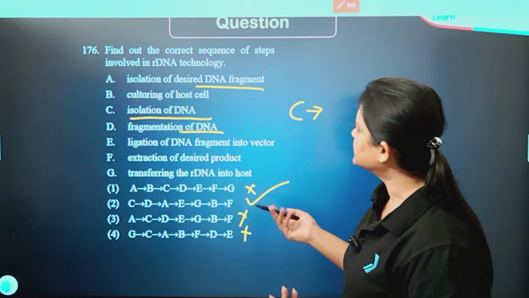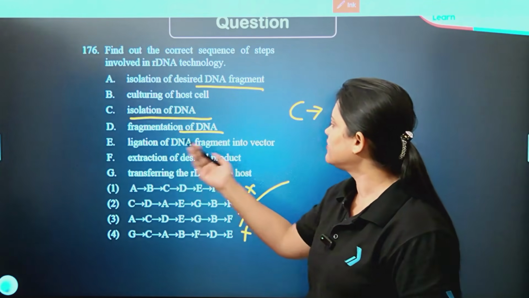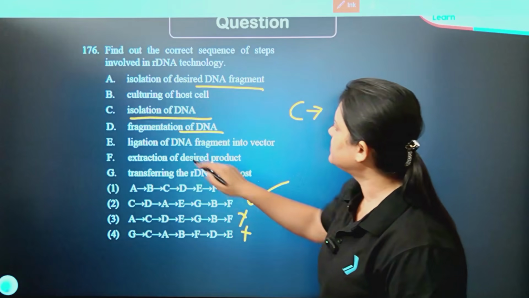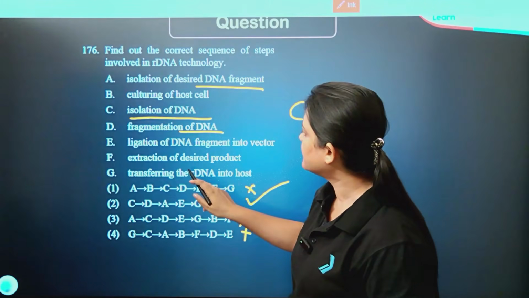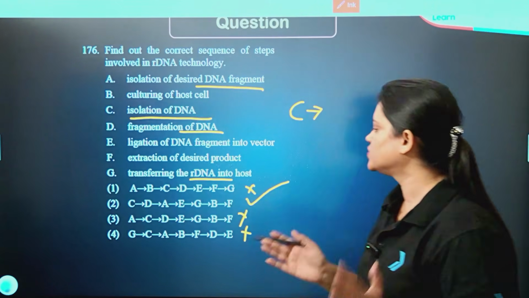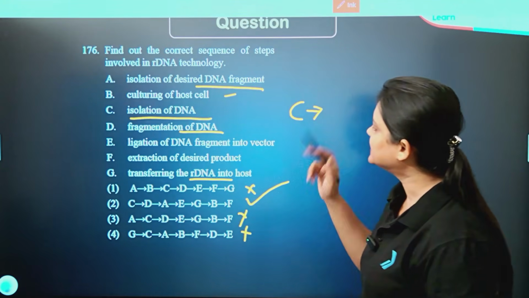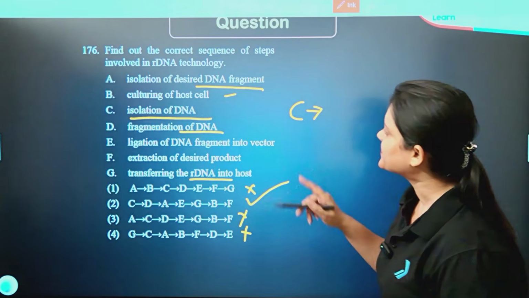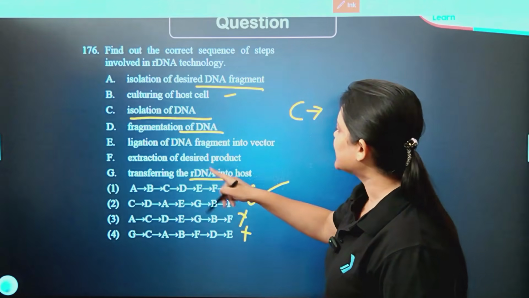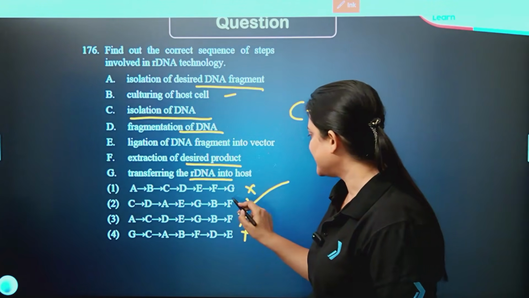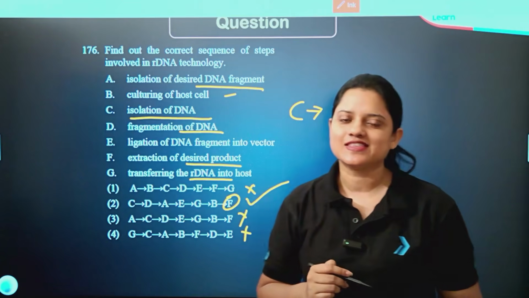And after that will be the ligation of DNA fragments into the vector, right? Then there will be transferring of rDNA into the host cell, culturing of the host cell, and then definitely there will be the extraction of the desired product at the end. So F will be at the end. Yes, so we confirm that our answer should be 2.